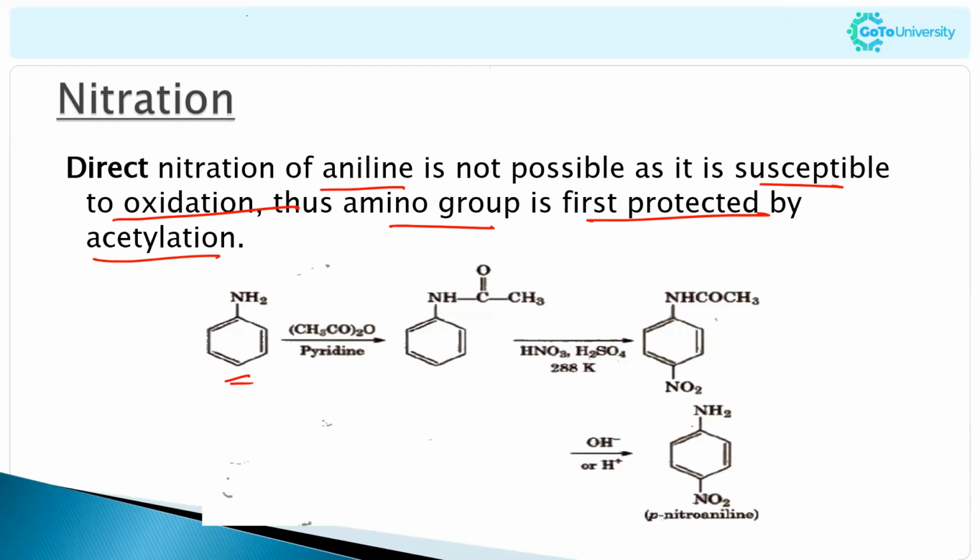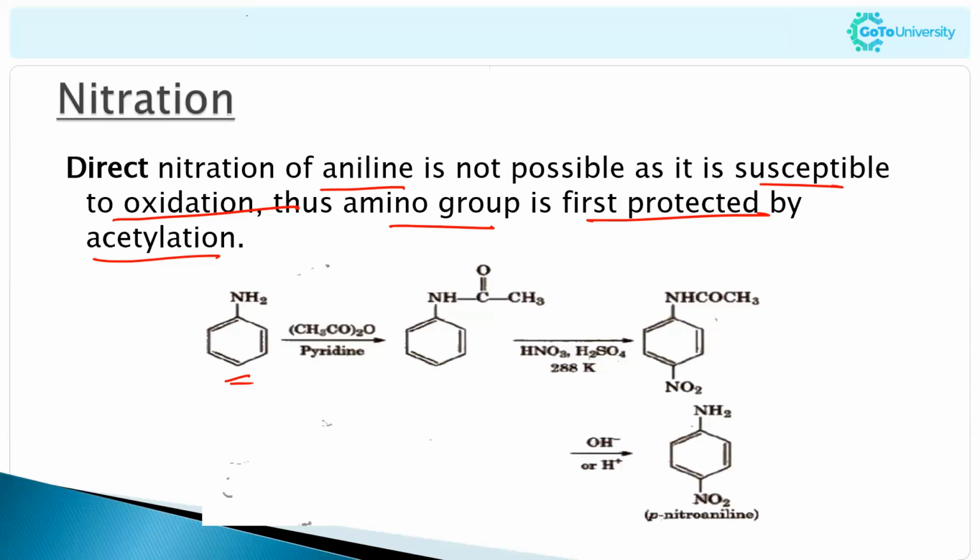The nitro group is not able to directly replace the hydrogen. Got it? The reason is this NH2 group is also there, and this NH2 group will undergo oxidation. So we have to protect this NH2 group before we do this nitration reaction.